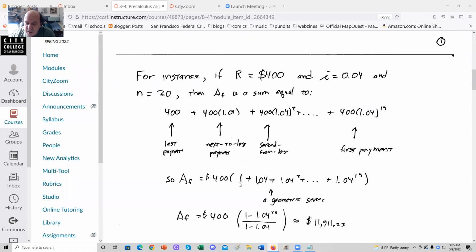Now we can rewrite this as 400 times this geometric series: 1 plus 1.04 plus 1.04 squared all the way up to 1.04 to the 19th power.